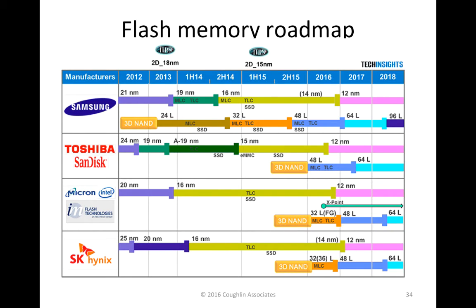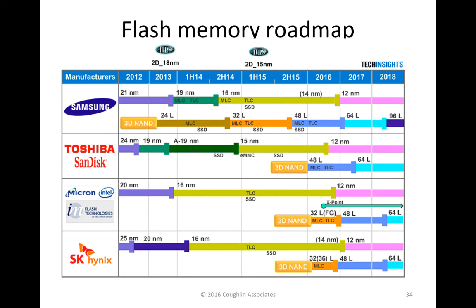They're in their third generation product with 48 layers in 2016. There are projections that they may be shipping 64 layers by 2017, and they stated at the Flash Memory Summit in 15 that they could see going beyond 100 layer 3D flash memory devices.